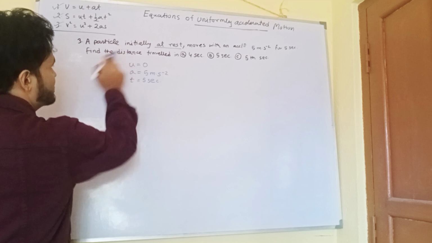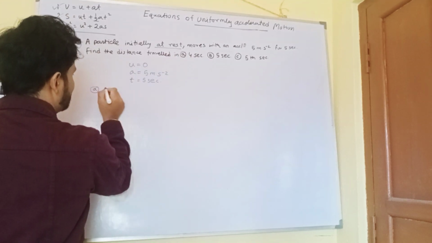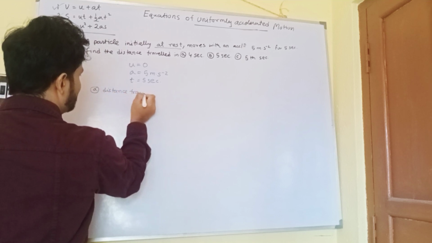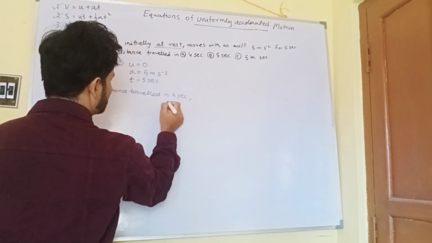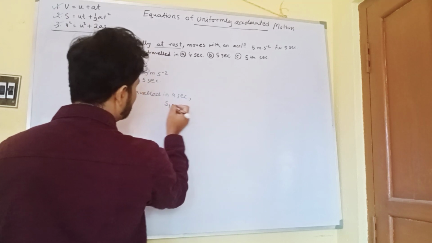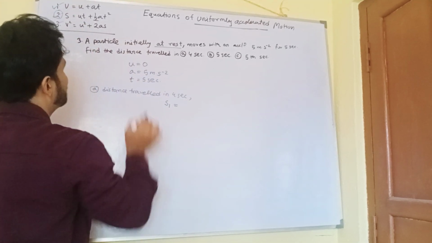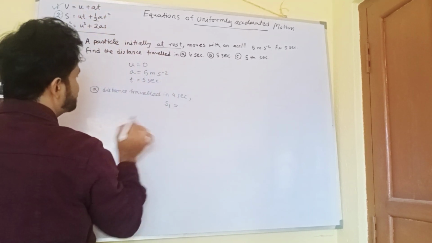Find the distance traveled in 4 seconds. Let us take the distance as S1. What is the distance traveled in 4 seconds? We can use this formula by putting the value of t as 4.